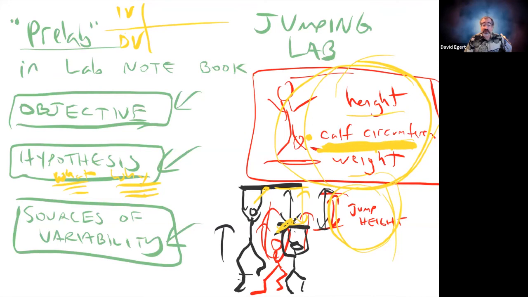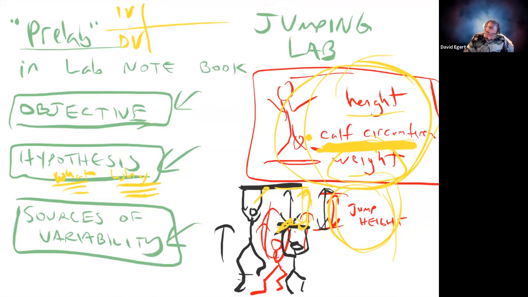You can't just say, I think taller people jump higher because they can reach higher. We're doing relative, it has nothing to do with how high they can reach. Could be they're taller, so they have larger muscles that are going to generate more force against gravity. That would be okay. Or people who weigh less won't have to fight gravity as much and can jump higher. Or who knows, whatever.